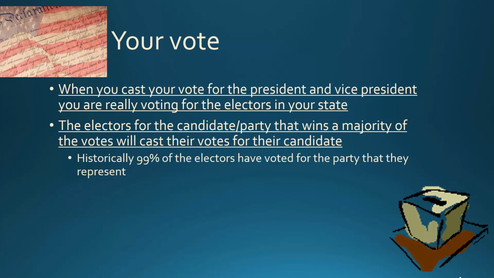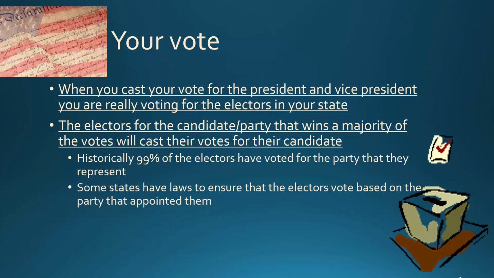Historically, 99% of the time, the electors have voted for the political party who appointed them. In some states, laws have been passed that require the electors to vote for the candidate whose party has appointed them. But in some states, like Arizona, there are no such laws.